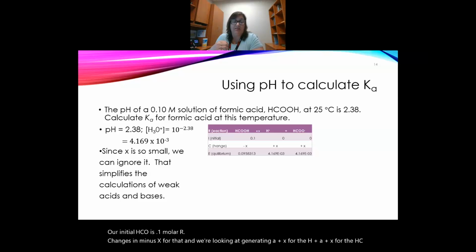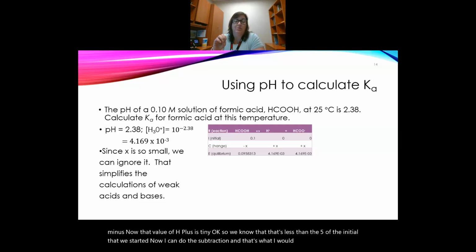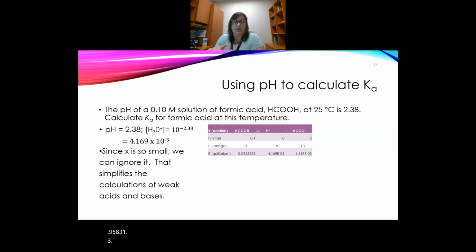That value of H plus is tiny, so we know that it's less than 5% of the initial that we started with. Now I can do this subtraction, and that's what I've shown here, 0.0958313. It simplifies the calculation, and that gives me all of the concentrations that I need in that table.